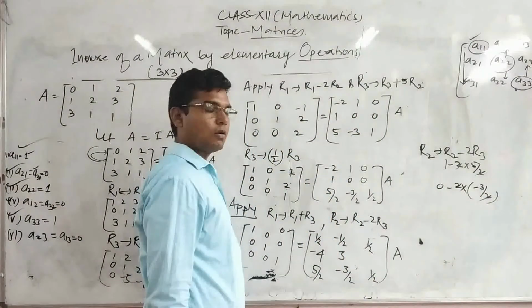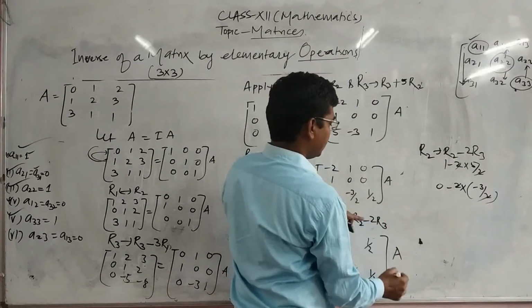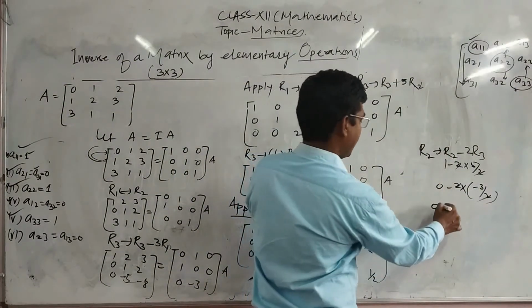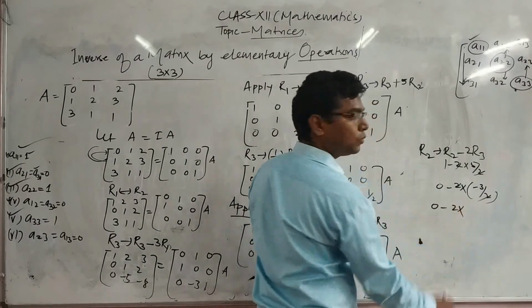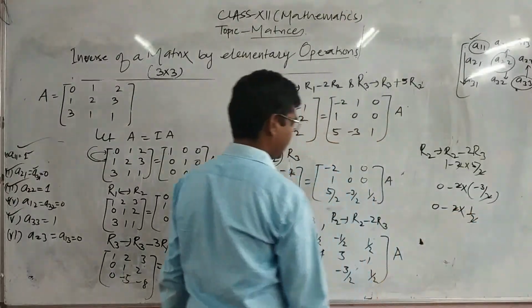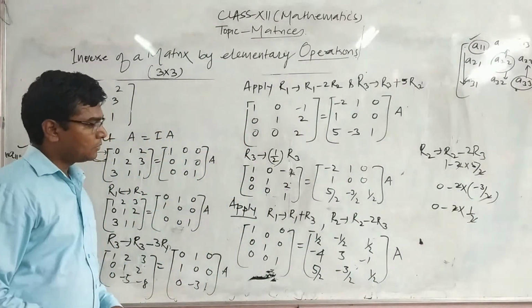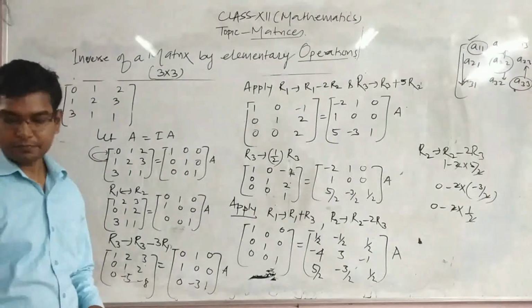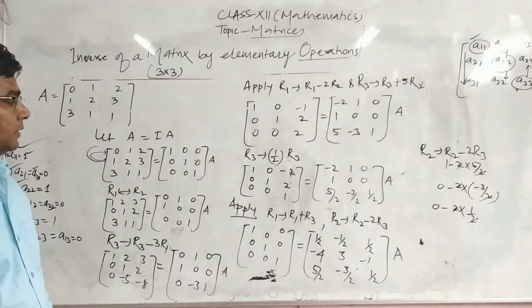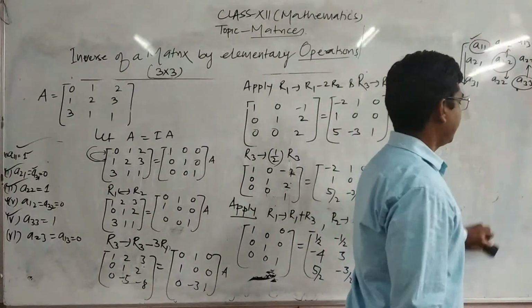Yes or no? Then the third is 0 and minus 2 into 1 by 2, so it will be minus 1. Right? Like this you can find the inverse of a 3 by 3 matrix.